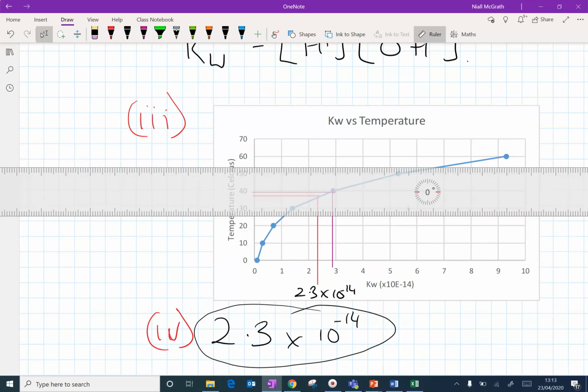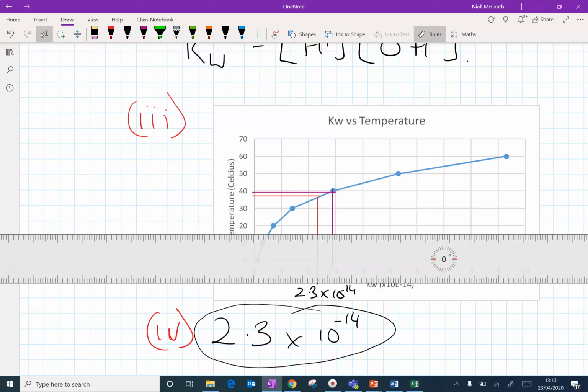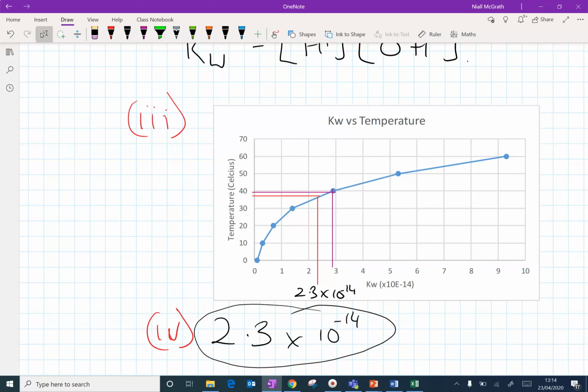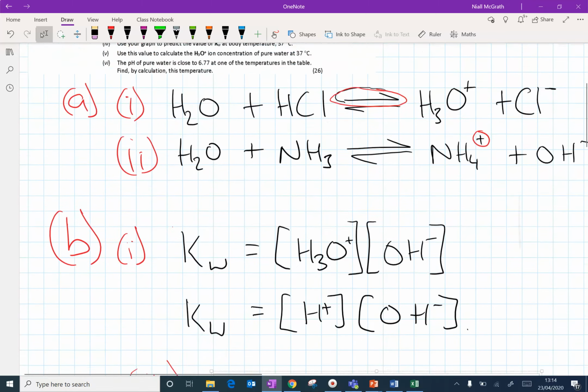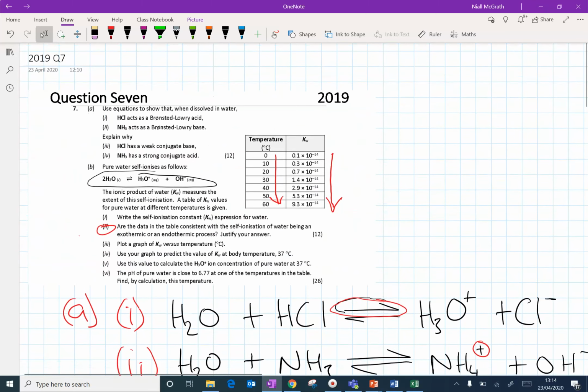Okay, and our answer is going to be 40 degrees Celsius. Also, that answer 2.9 by 10 to the minus 14 is in our table, so we know it's definitely 40 degrees. And that's the answer to the final part of the question.